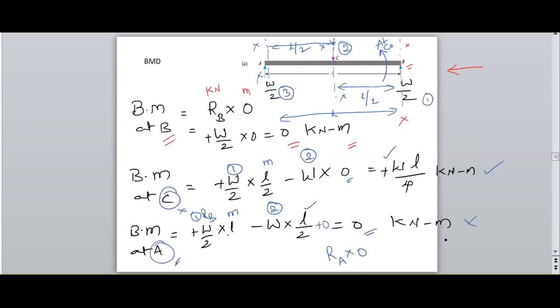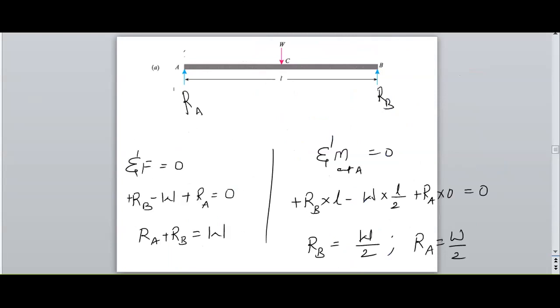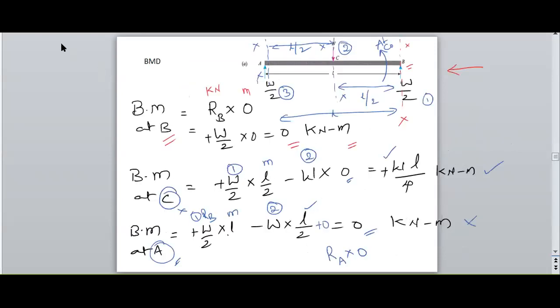It needs to become 0 because in my derivation I have considered the bending moment at A is equal to 0. The bending moment at A is to be 0, so the value needs to be 0 at the last point.